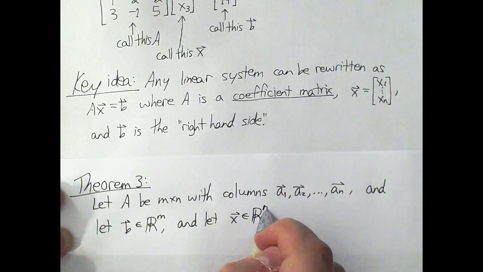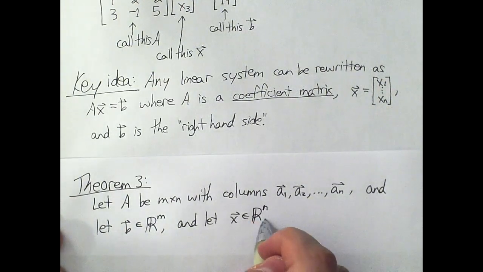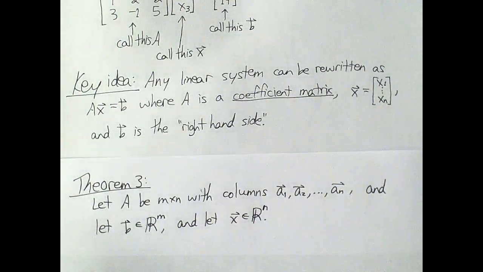By the way, I guess we didn't really specifically say this, but it's kind of implied that M and N are positive integers. And they could be equal to each other, but they don't have to be. You could have a 3 by 3 matrix, or you could have a different size. 3 by 4, 4 by 3, whatever.